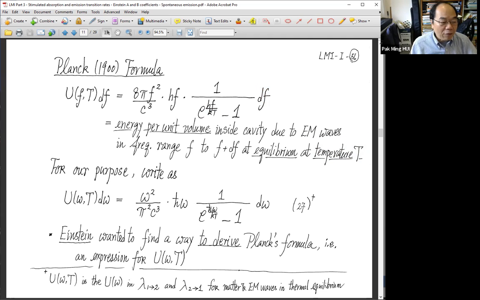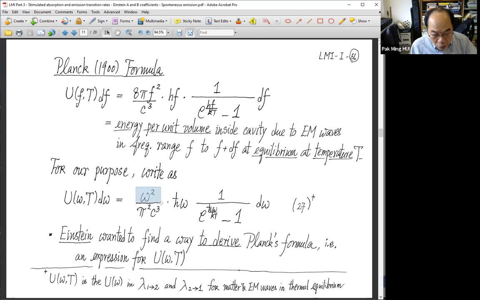All right. Now, for us, we have been using omega for our angular frequency. Therefore, I first change the variable from hf to h bar omega. After you do this, this is the blackbody Planck's formula. So we have a group of constants in front with omega squared, and then we have h bar omega.